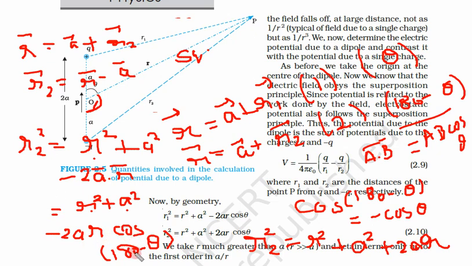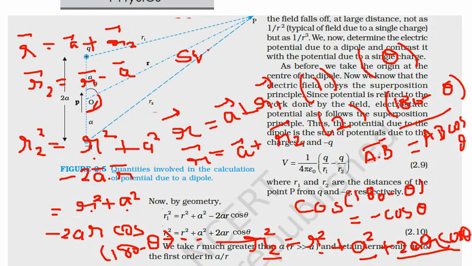Since cos of 180 minus theta is minus cos theta, the minus cancels out and it remains only cos theta. So we have reached this second identity: R2 square is equal to R square plus A square plus 2AR cos theta. In a way, we have solved this geometrical consideration. Now let us move further.